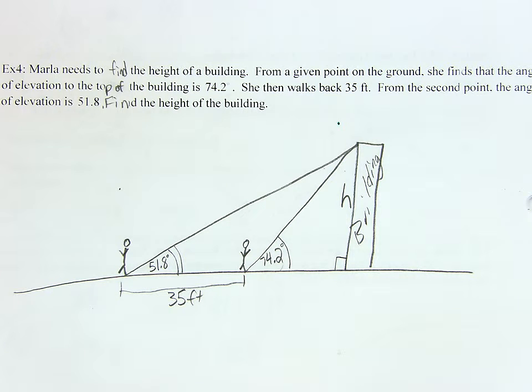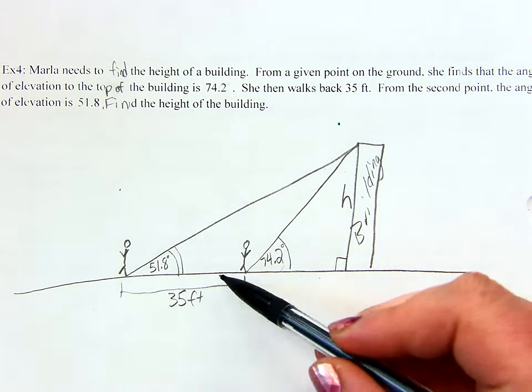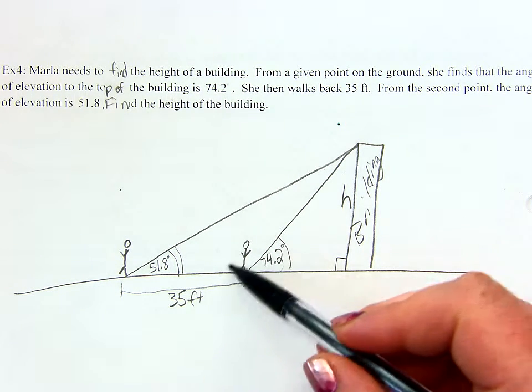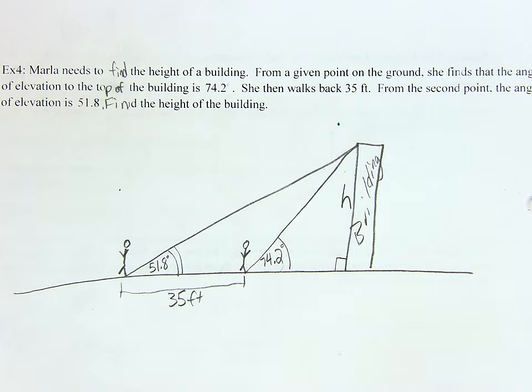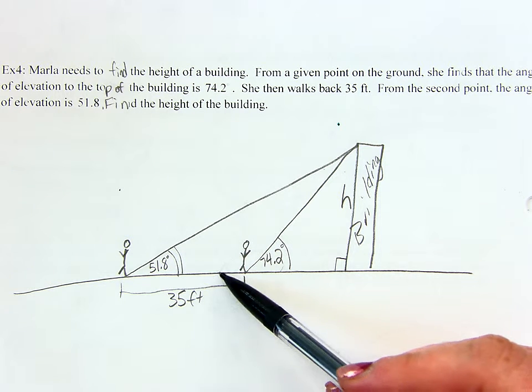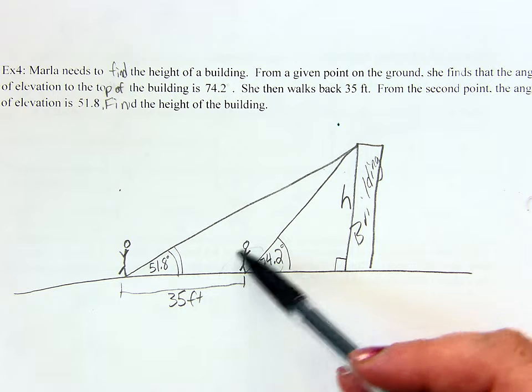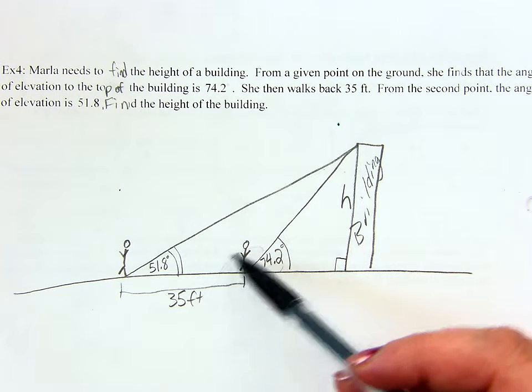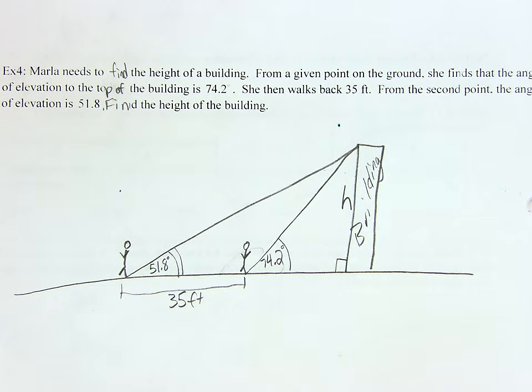I'd do 180 minus 74. To find this angle? Yeah. Well, maybe there's a way to find it using this angle. I don't know. Maybe you could go down that road and something makes sense. Supplementary. I love supplementary angles.